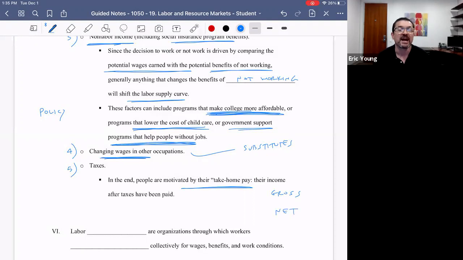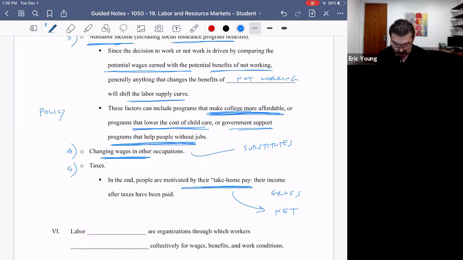Your net pay is what you get to walk home with after all your taxes have been taken out. Fundamentally, we believe in economics that people are motivated by their net pay, their after-tax pay. And this means that as tax rates change, people's take-home pay is going to be affected. And this will influence their decisions to enter or exit or stay in a labor market.